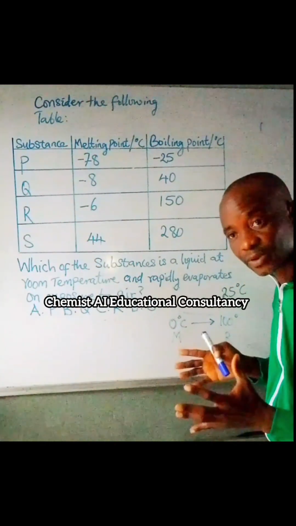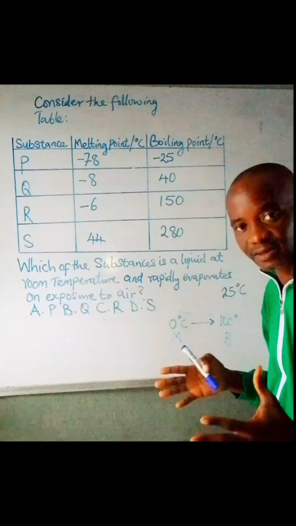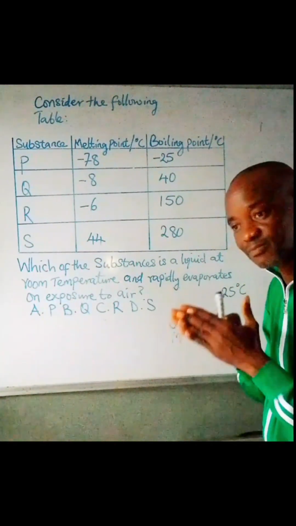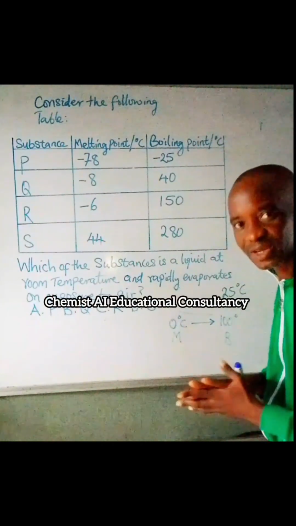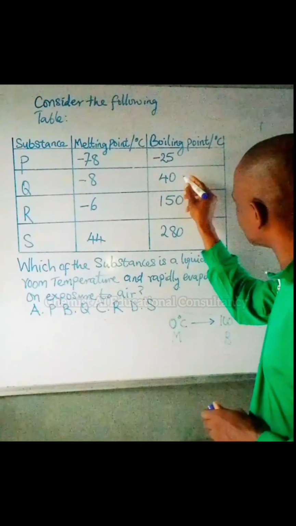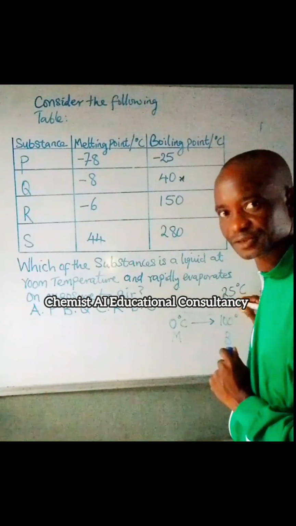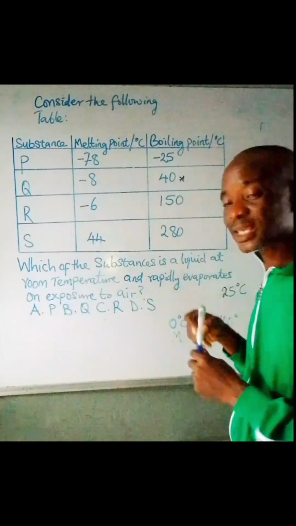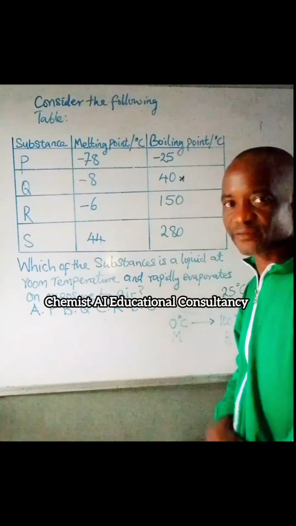When water starts evaporating at maybe 80 degrees Celsius, it means this boiling point, which is 100, is closer to 80. Now, out of this, you can see that 40 is very close to 25 degrees Celsius, but minus 25 is far below 25 degrees Celsius.